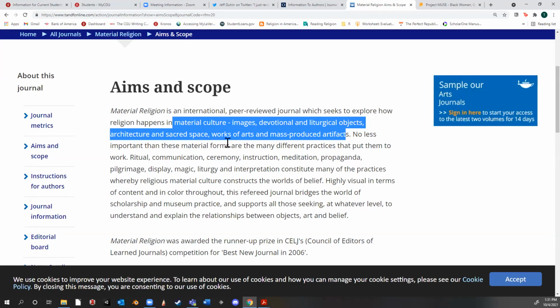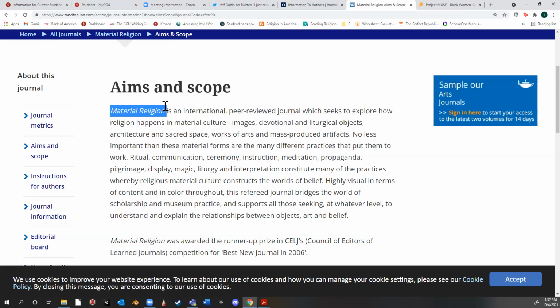Sometimes journals will have special issues, right? So there might be a gender and material religion special issue. Does your work fit into that, right? So when you're looking for a journal, I think fit is more important than rank. So always look for a journal that seems to fit either with your topical or thematic interest or methodological interest as well.